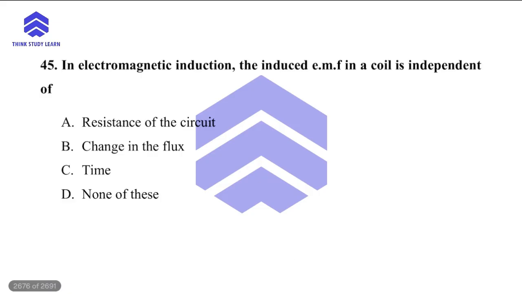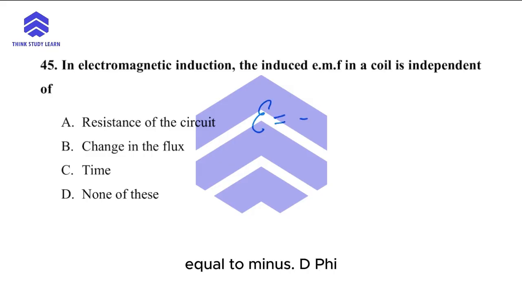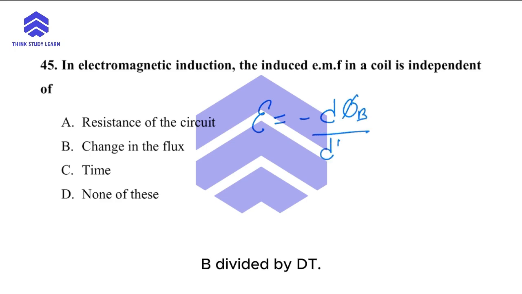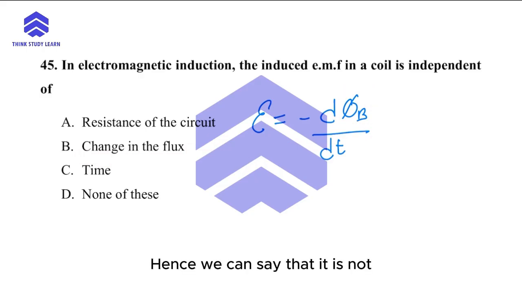Question 45 says that in electromagnetic induction, the induced EMF in a coil is independent of, as we just studied in the previous question, that according to Lenz's law E is equal to minus d phi B divided by dt. In this formula, you can see that we have the change in flux, which is phi B. Hence, we can say that it is not independent of the change in flux.